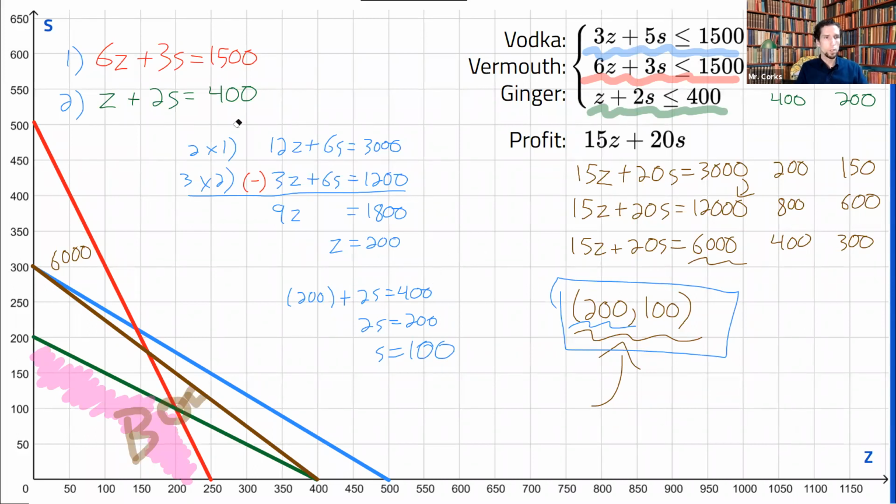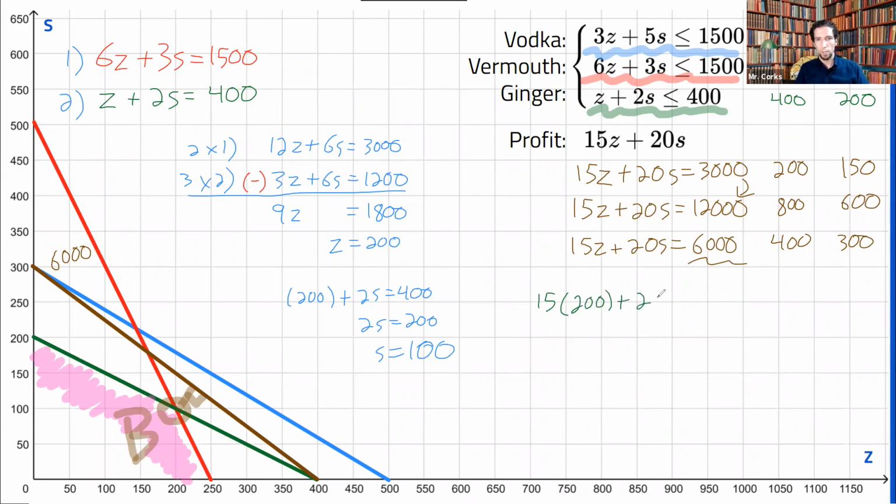Okay, good. So let's just erase this, and I'll put this over here. So profit equation: 15 times Z, 200, plus 20 times S, 100. And what does that equal? 5,000. So 3,000 plus 2,000, 5,000.